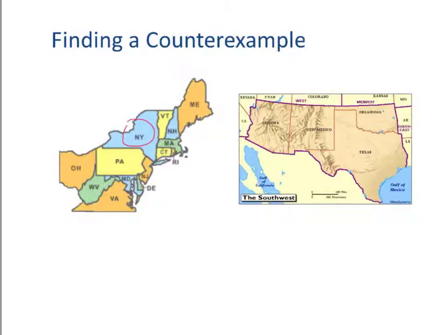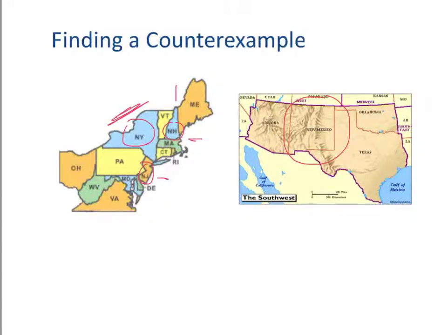Here's New York, and here's water here. Here's New Hampshire, and here's water here and here. Here's New Jersey, and there's water to the right of New Jersey. But if I look at New Mexico, I don't see any water that borders that state.